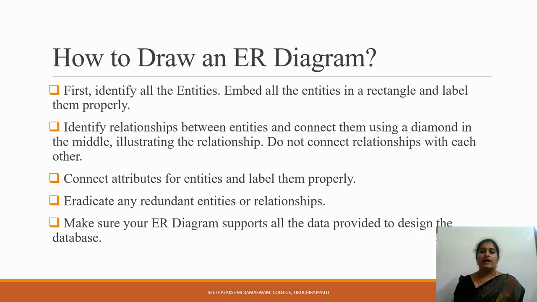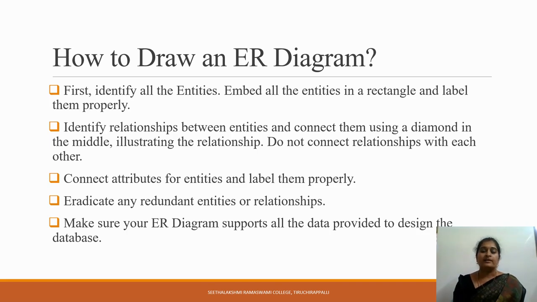How to draw an ER diagram? First, identify the entities and draw the entities inside rectangles. Then identify the relationships between the entities, draw the relationships in the diamond symbol and connect the relationships with the entities. We should not connect the relationships with one another.